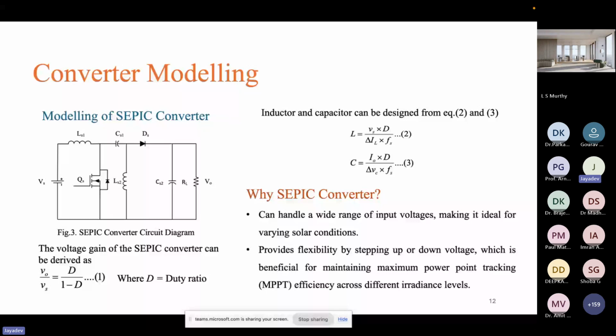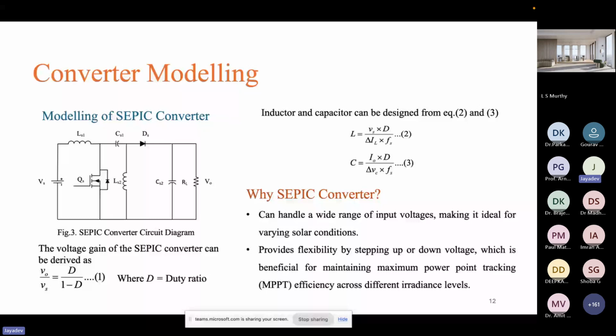So we designed this system to operate up to 20 kilohertz. We chose a frequency in between, not very low and not towards the maximum, around 15 kilohertz, and we designed all the inductor values.